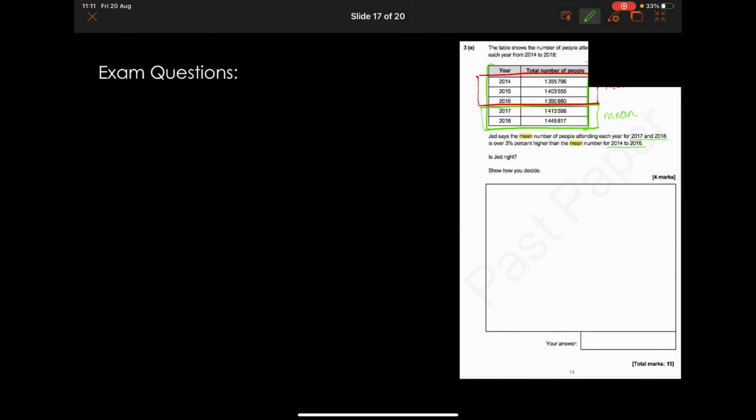So let's work out the mean of 2017 and 18 first. To work out the mean of 2017 and 18, you need to add 1,413,598 and 1,445,817.